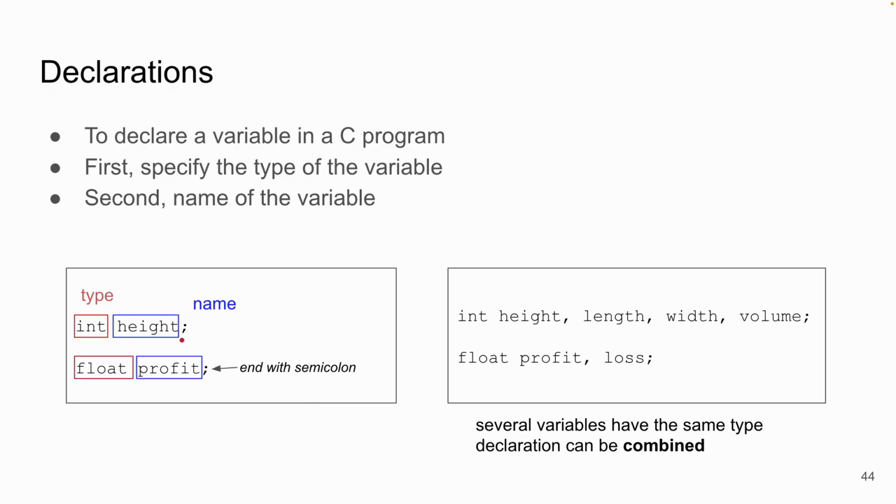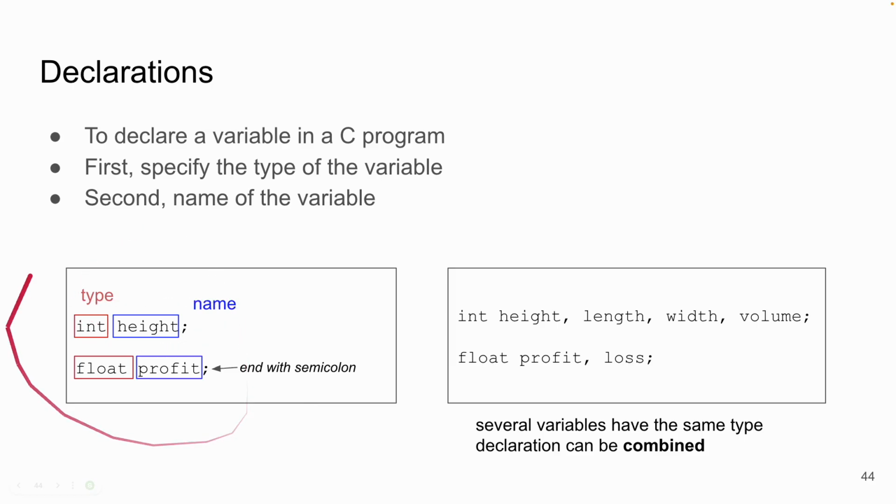When we want to declare a variable, the first thing we need to do is to tell the computer what the type of the variable is. The word in the red box indicates the type of the variable. After we indicate its type, we need to provide the name of the variable. The words in the blue box are the names of the variables.